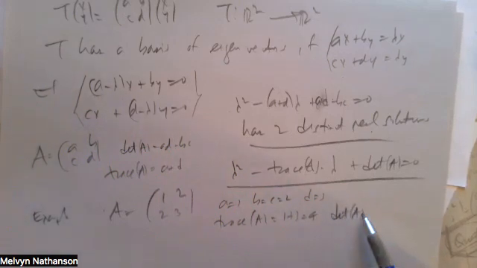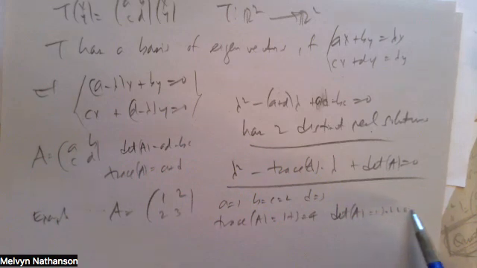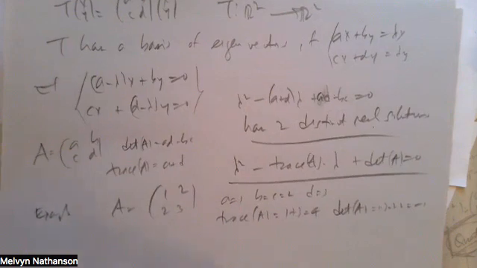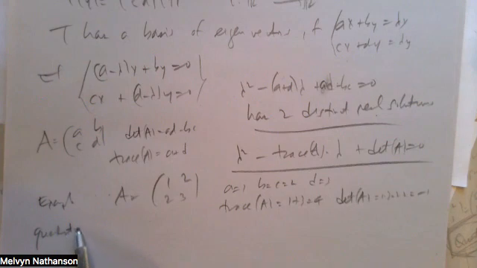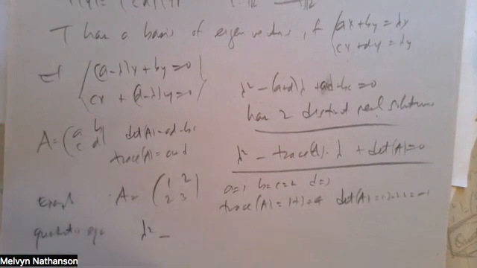The determinant of A is 1 times 3 minus 2 times 2, which is minus 1. So my quadratic equation is lambda squared minus the trace times lambda plus the determinant, minus 1, equals 0.